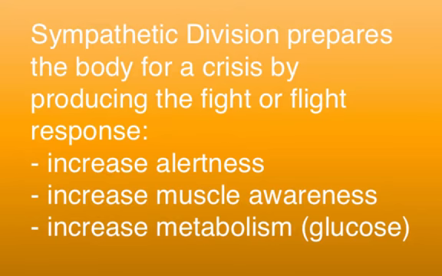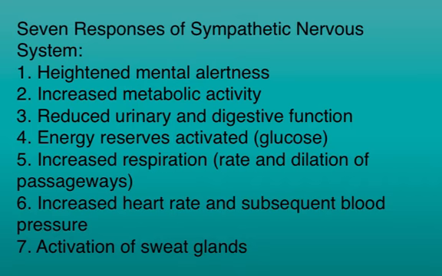The postganglionic fibers of the ganglionic neuron extend throughout the body, traveling long distances to reach their effectors, where they will properly prepare the body for a crisis, producing the fight-or-flight response, especially to increase alertness, muscle awareness, and tissue metabolism. There are 7 responses to increased sympathetic activity. 1. Heightened mental alertness. 2.